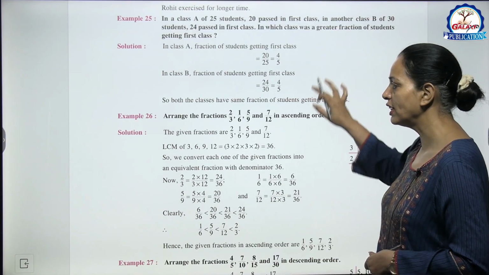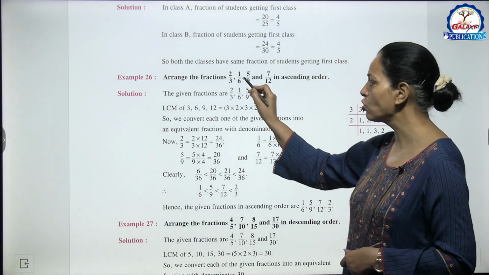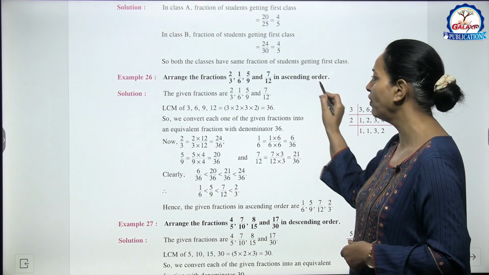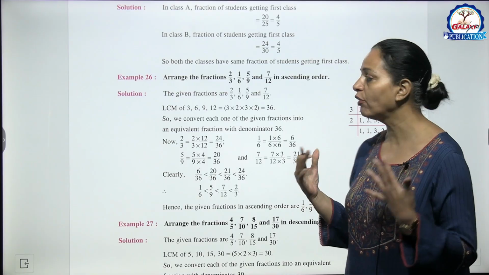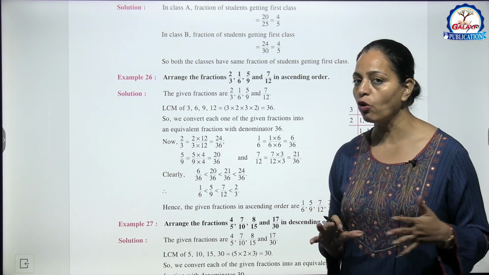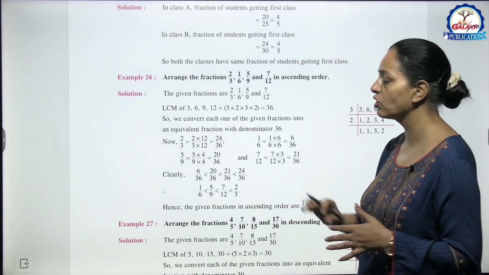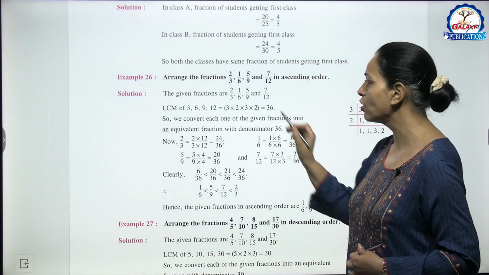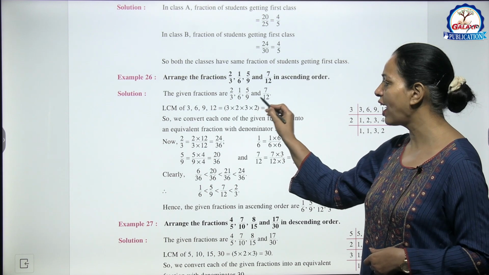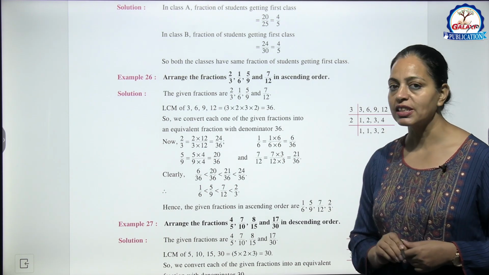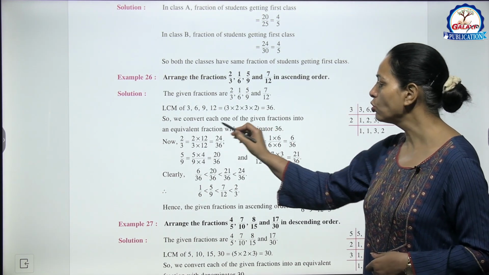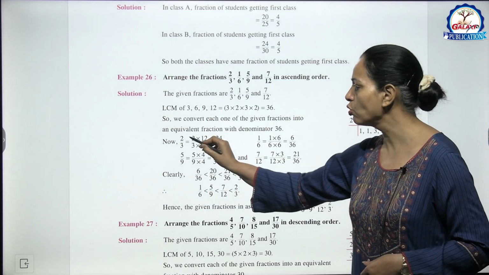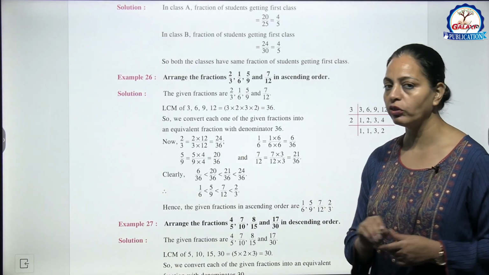Now example 26. Arrange the fractions 2 upon 3, 1 by 6, 5 by 9 and 7 by 12 in ascending, that is increasing order. So first of all we are changing all the fractions into like fractions. So what will we do? We will take the LCM of the denominators 3, 6, 9 and 12. Its LCM is 36. Now what to do? First fraction 2 by 3. So 3 into 12, 2 into 12, 24 upon 36.